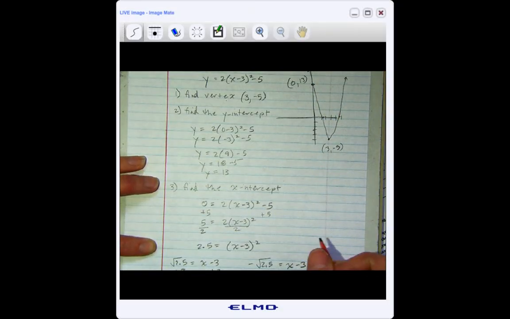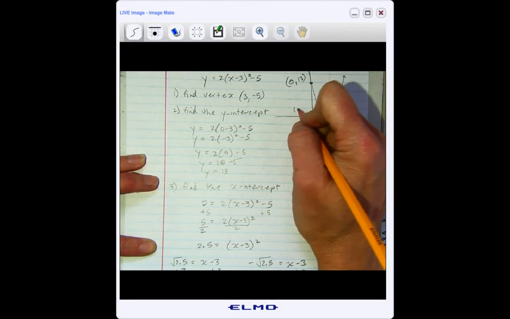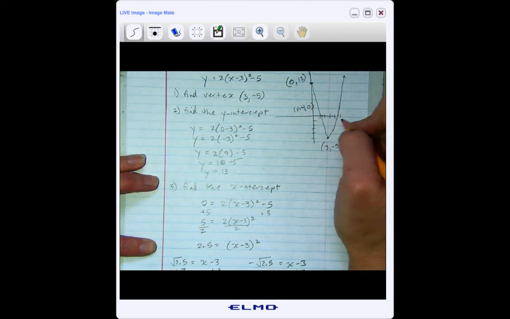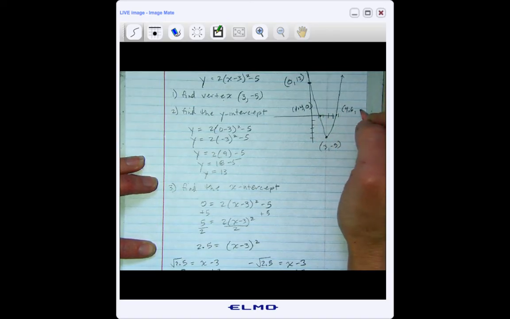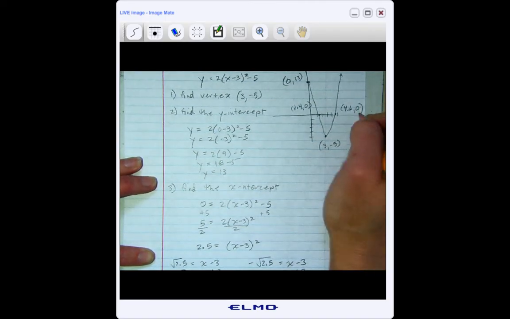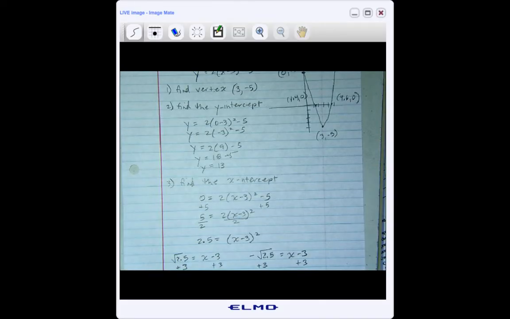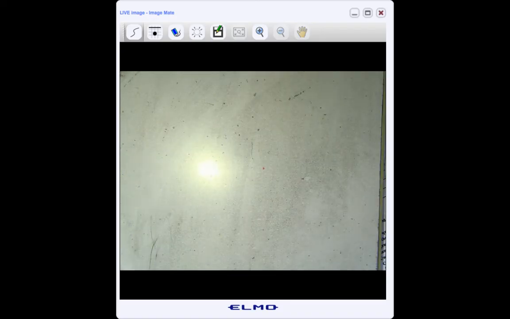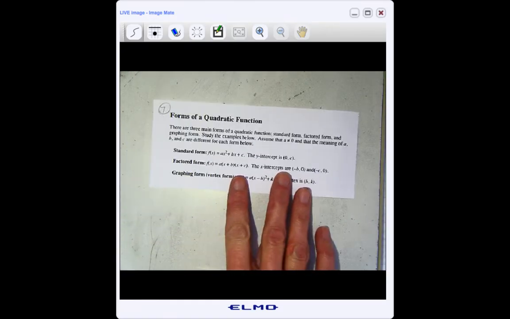It's pretty far off. So I get 1.4 for this one, and this is my other root, 4.6. Oops. Okay, and there we go. Got it graphed.